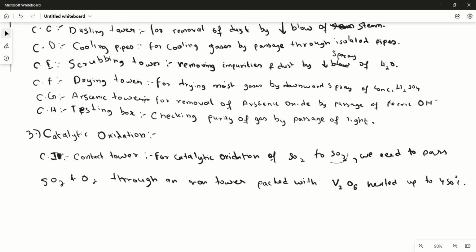Great. Then after the catalytic oxidation, we have the absorption of SO3. In this we have chamber J, called the absorption tower. For absorption of sulfur trioxide by a descending stream of concentrated 98% H2SO4.